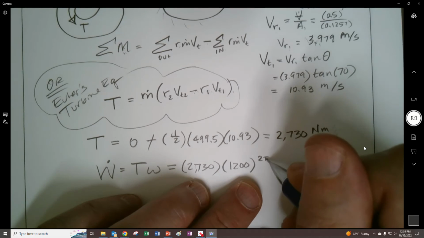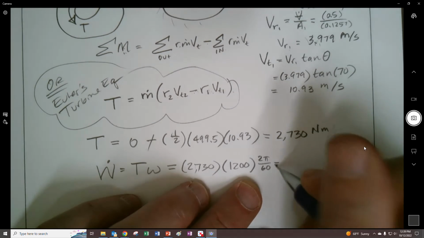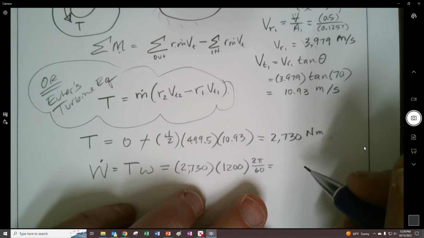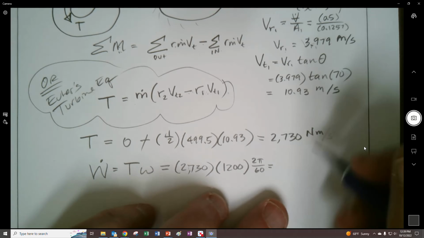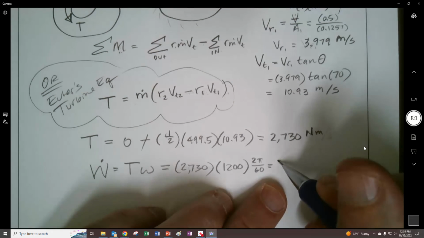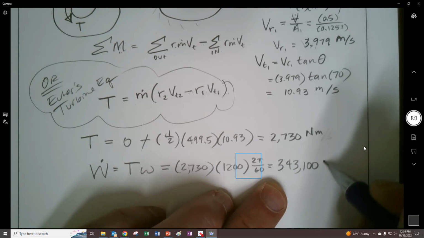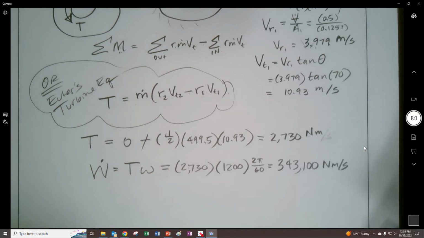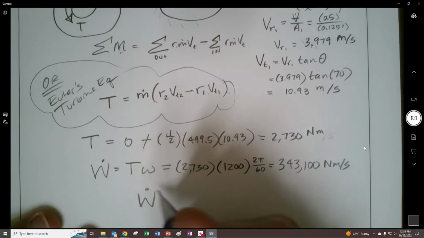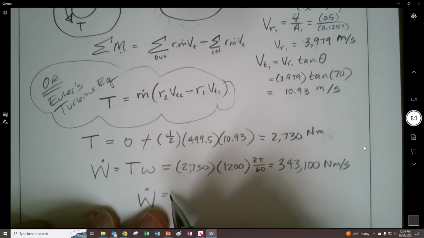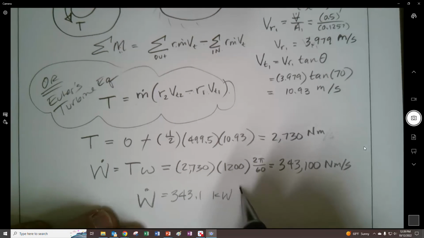So we want 2 pi over 60, and what we're left with is a large number, 343,100 Newton meters per second, but the power that we can extract from this is 343.1 kilowatts.